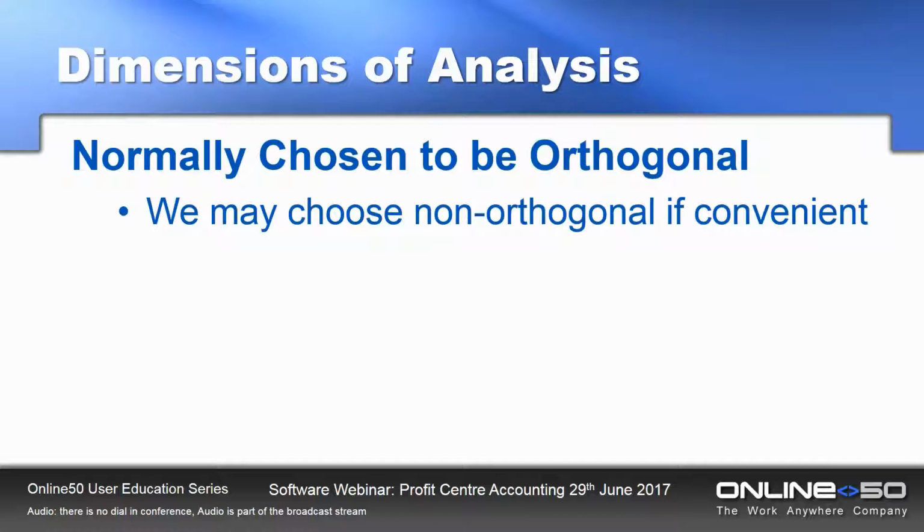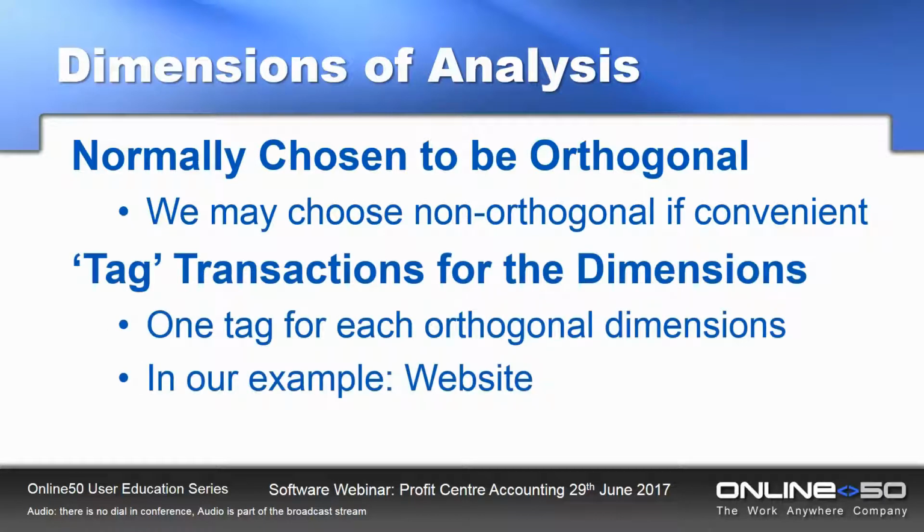Once we've determined what we're recording, we need to look at how we record that in the system. So in the system, we need to be able to tag each of the transactions for the dimensions of analysis. So one tag for each orthogonal dimension. So in our example, website, because the group, which we also want, is determined by the website, they're not orthogonal.